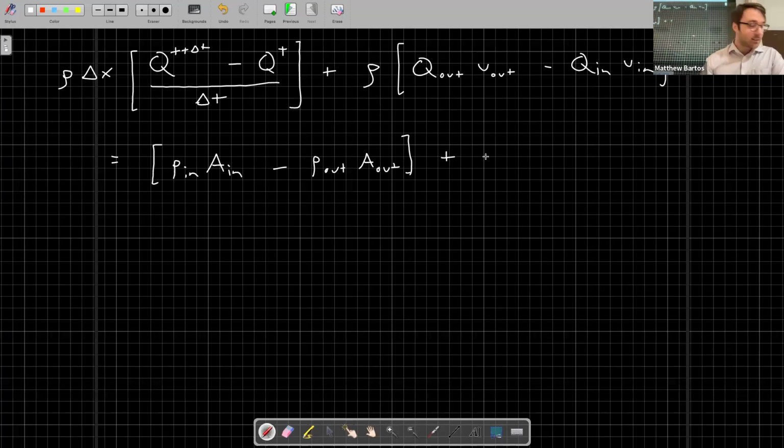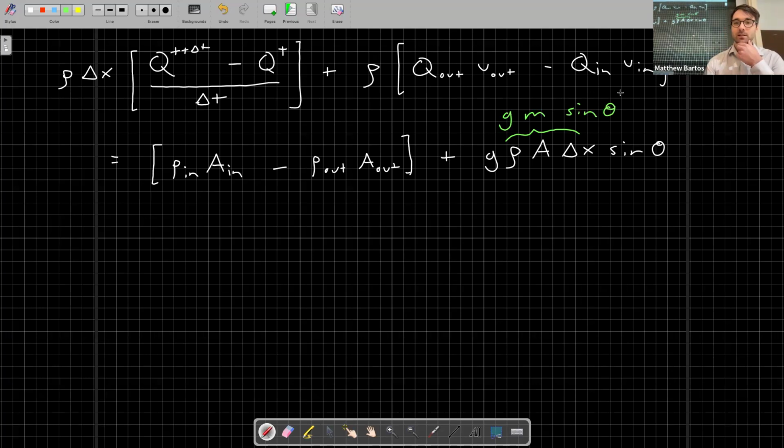We're going to add to this the gravitational force. So this is g times the density times the cross-sectional area times delta x times sine theta. This entire expression here is m, so this is g m sine theta.